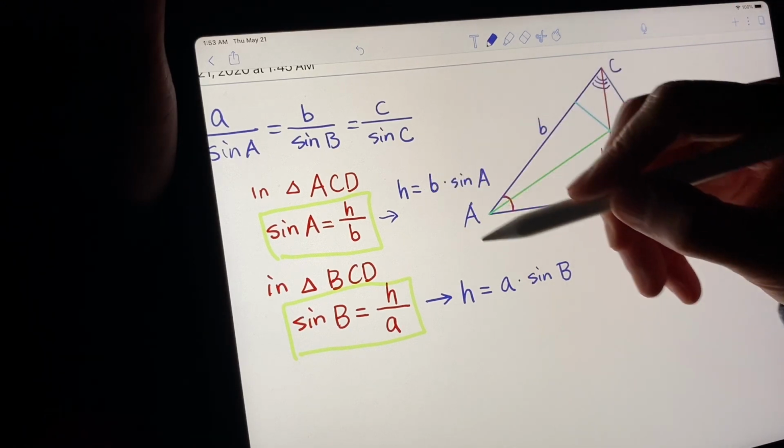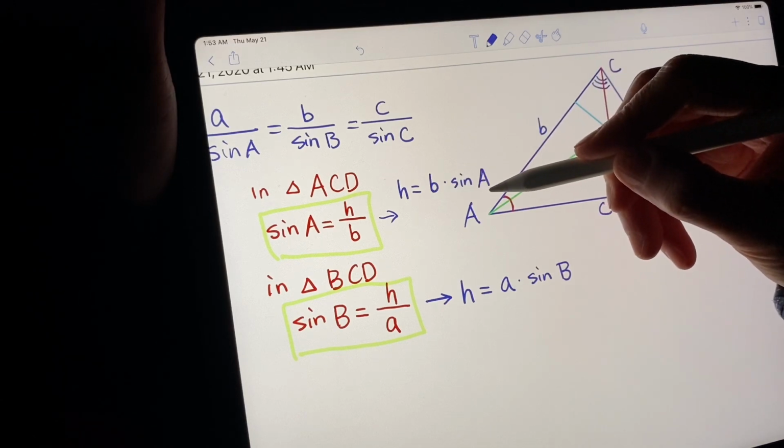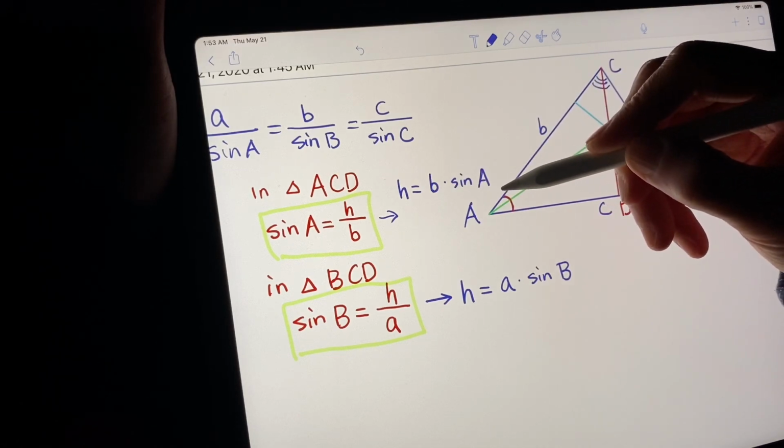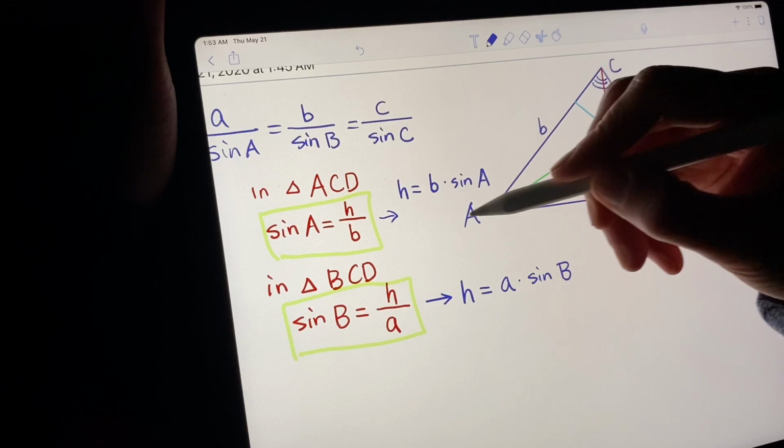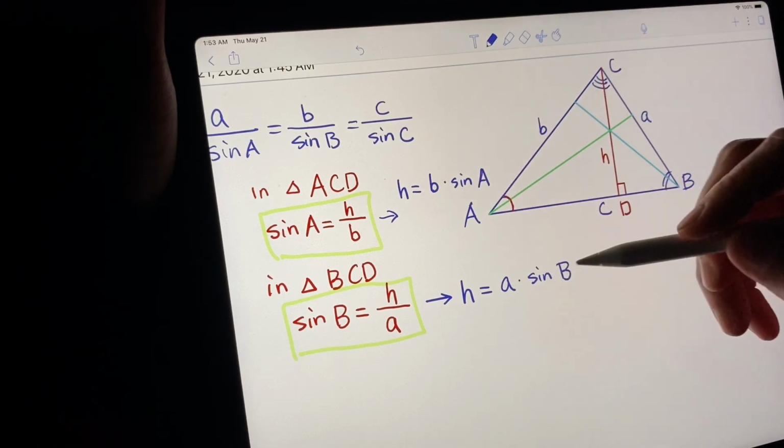So if this equation is established, it means the other side is established.